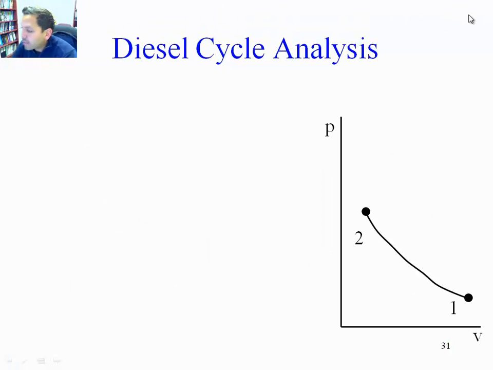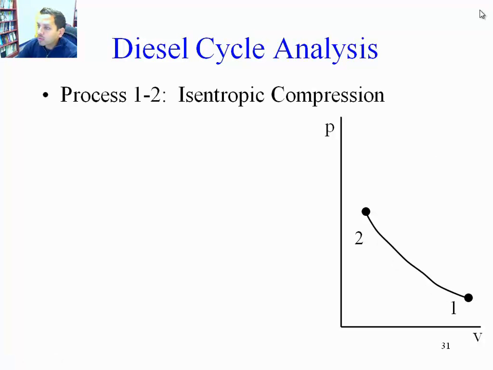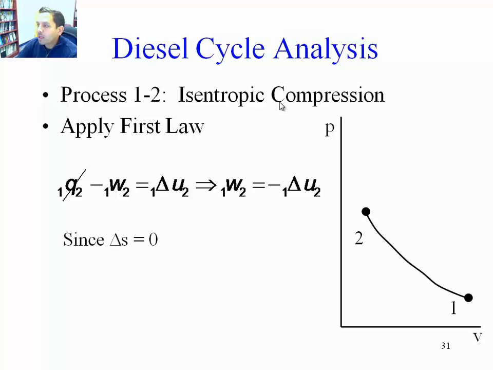Well, let's analyze every one of these processes. The process from 1 to 2 is an isentropic compression. Same way we analyze it from the Otto cycle. The isentropic compression means that there's no heat, so therefore we can calculate the work as a change in energy, or negative of the change in energy from 1 to 2.